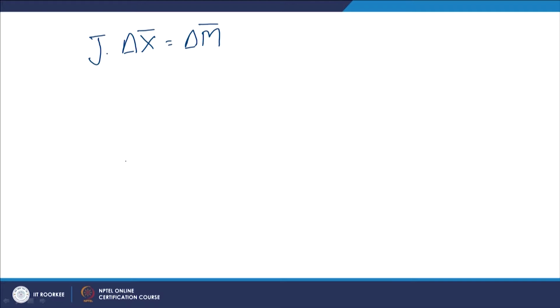delta x equals J inverse delta m, where matrix J is constituting of 6 submatrices J1, J2, J3, J4, J5, J6.